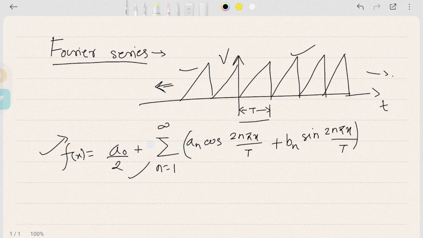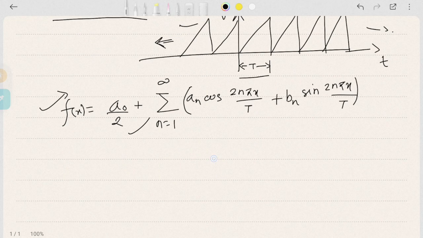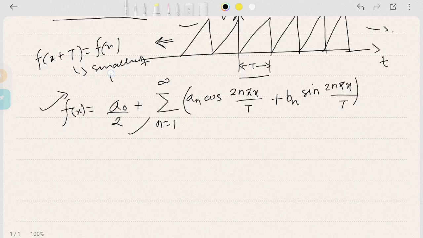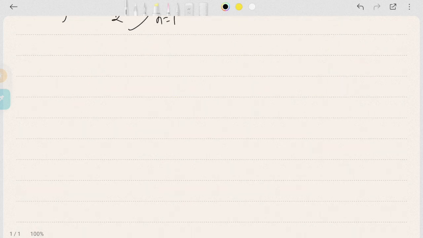But in real life not all functions are periodic. You can write a periodic function as: f(x + T) equals f(x) for the smallest interval T. So this is the period of this function f(x). But not all functions in real life are periodic.